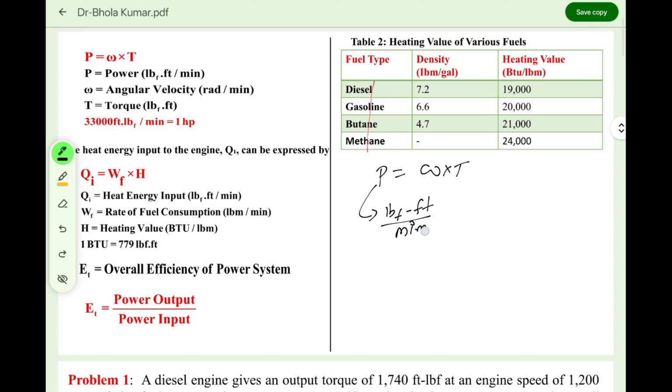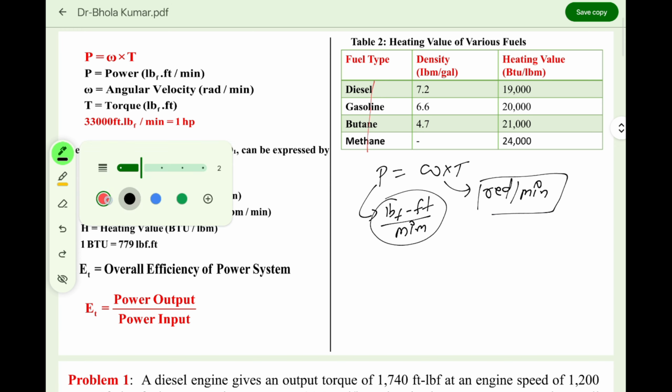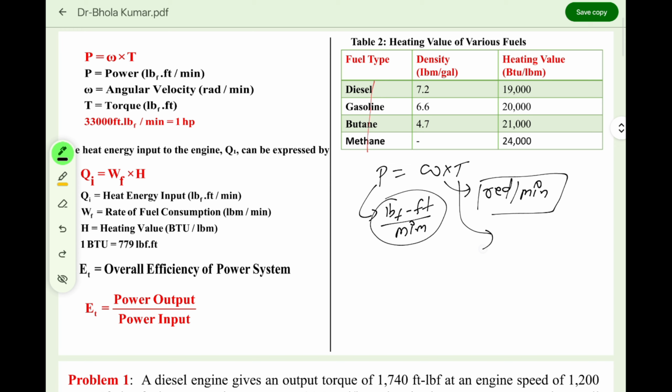This is how it is, right? And omega is written in radians per minute, right? And the torque can be written in lbf-feet. So this is how it is written, right?